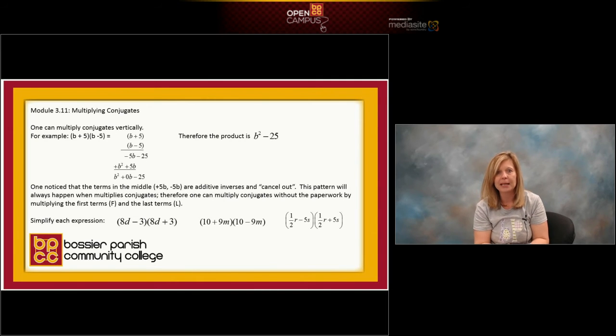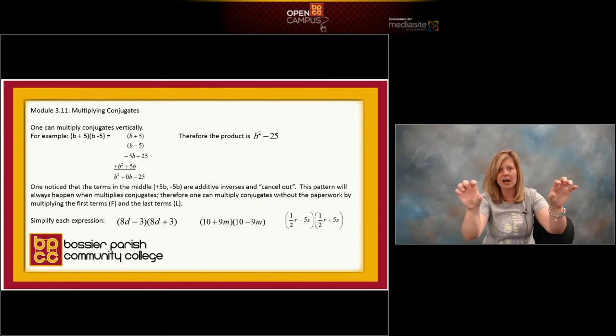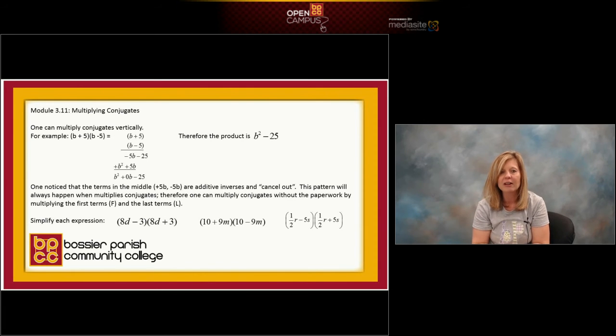So if you look at b plus 5 times b minus 5 written side by side horizontally, we could do that in our head because we know those binomials are conjugates. Just multiply who's first. b is first in the first parentheses. b is first in the second parentheses. What's b times b? b squared. Then multiply what's last in each parentheses. Positive 5 times negative 5 would give you negative 25.